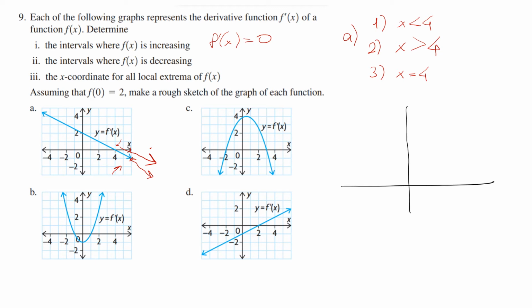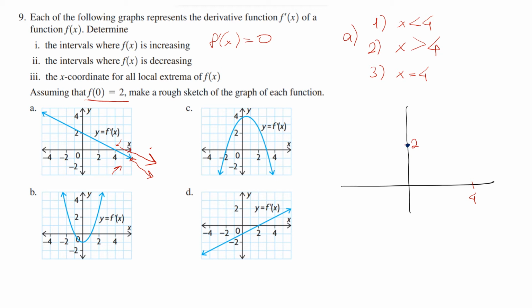It also says, assuming when you plug in 0 your y value is 2, make a rough sketch for the graph of the function. So when x equals 0 I have the y value of 2, which I'll put right over here, and I have a point right here. I also know from my function that when x equals 4, I have a local extrema somewhere.